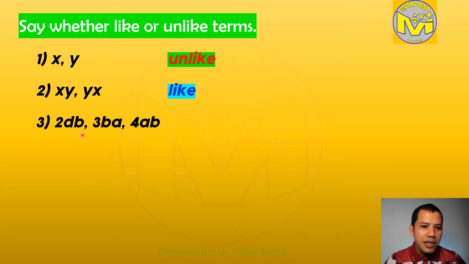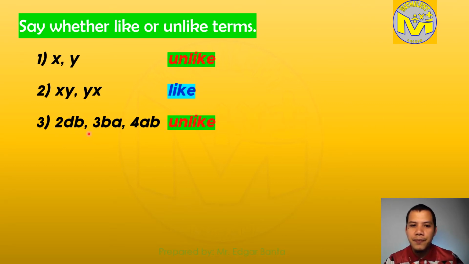This is DB. We have BA, AB. Even though these 2 are the same, we have one different. They are called unlike terms because not all the variables are the same. It must be that all 3 terms have the same variables.